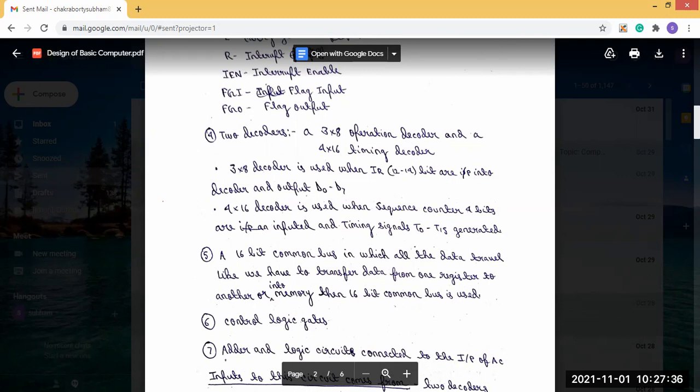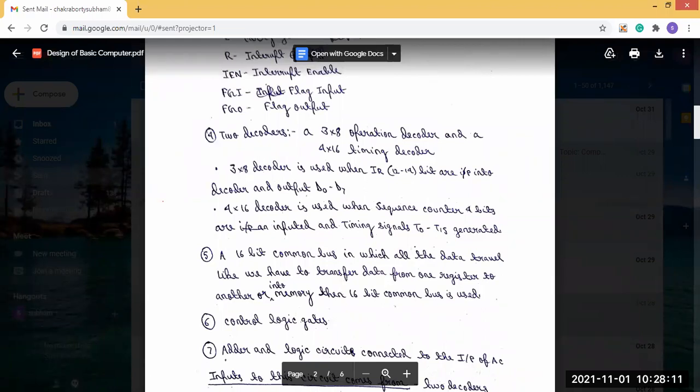So this is also necessary for designing, because if there is no common bus, then data transfer cannot be done from memory to memory, or from memory to register.